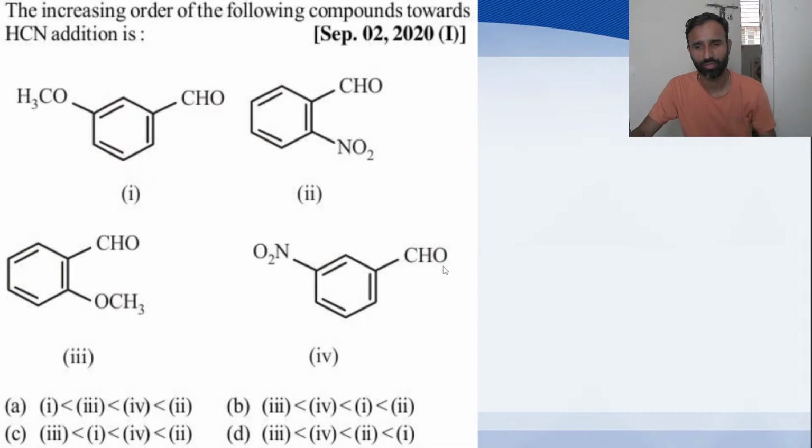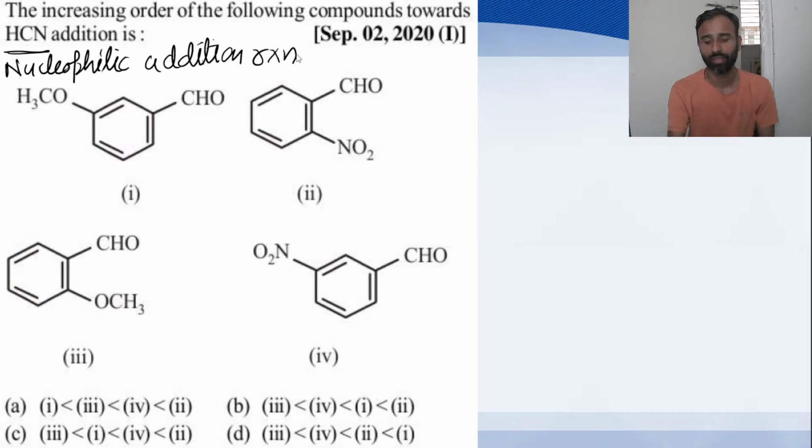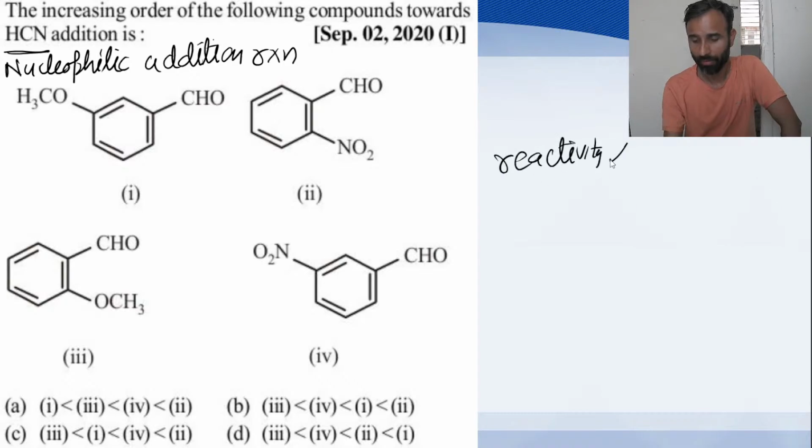That is the sixth. The increasing order of the following compounds towards HCN addition. So see, HCN addition means again nucleophilic addition reaction. You know, in nucleophilic addition reaction, the reactivity is proportional to electron withdrawing groups and inversely proportional to electron releasing groups.